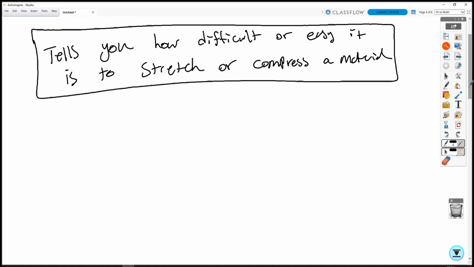So, for example, the Young's modulus of steel is larger than the Young's modulus of copper because it's easier to stretch copper.